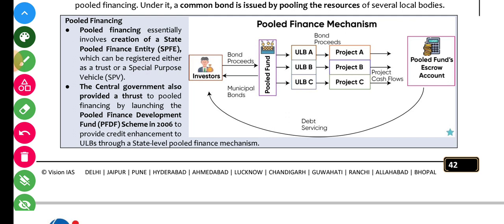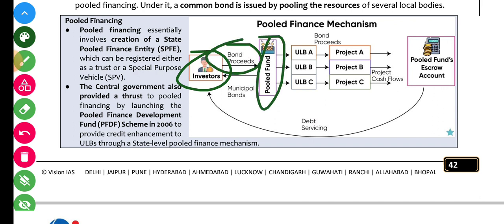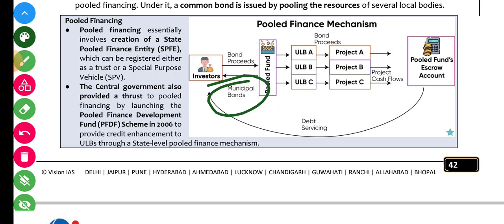How does the pooled financing mechanism work? This is the pooled fund escrow account. This is the bond proceeds, investors: the municipal bond is received by investors, who give money to the pooled fund.